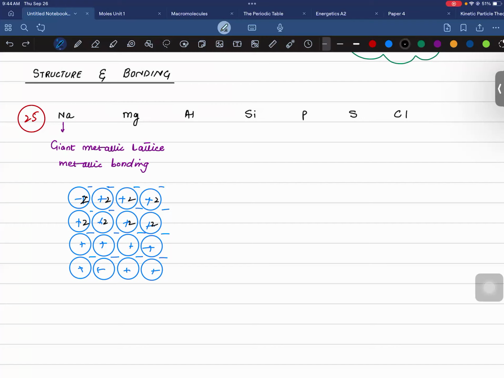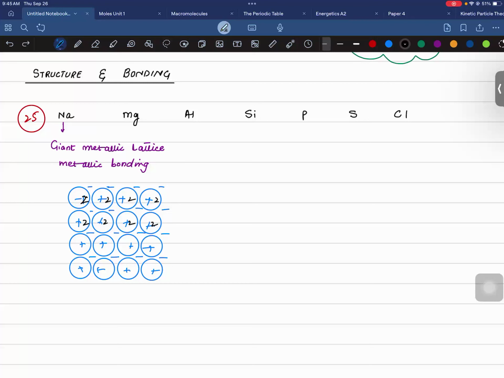Silicon, phosphorus, sulfur and chlorine are all non-metals, so they will be either covalent or ionic. Silicon is covalent bonding.